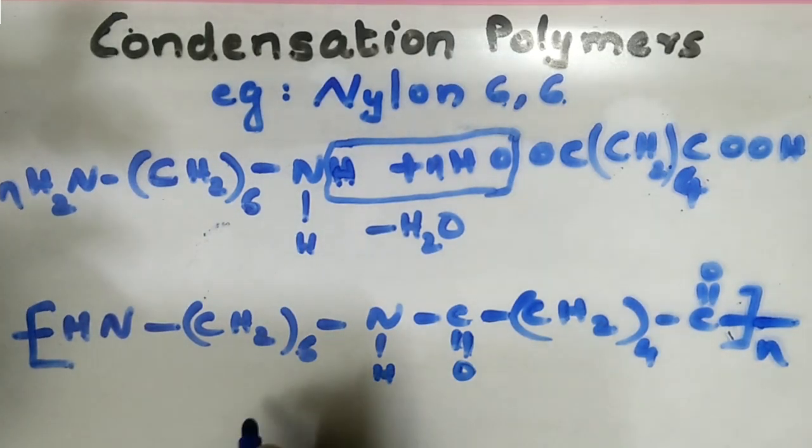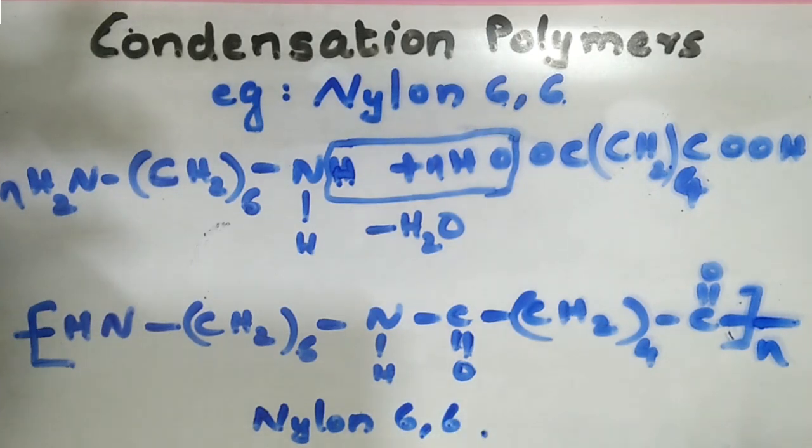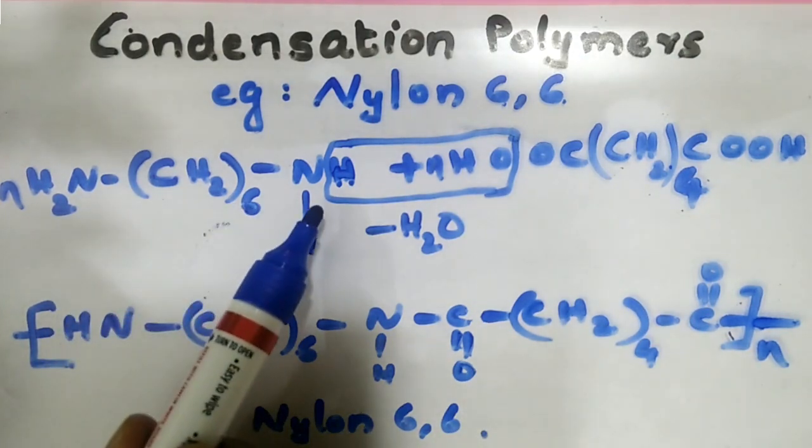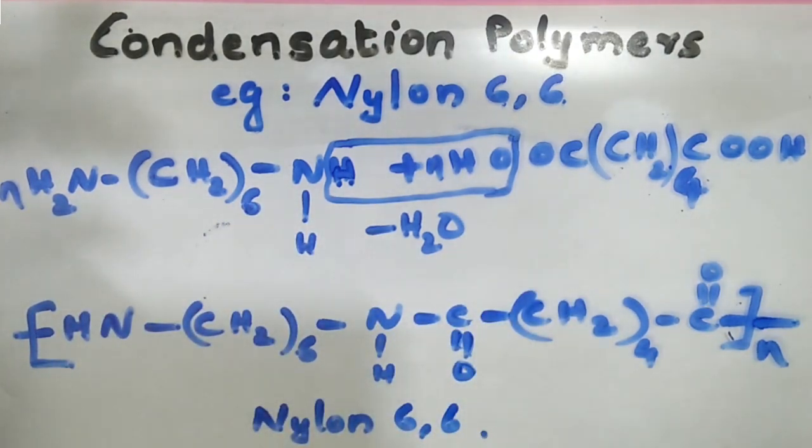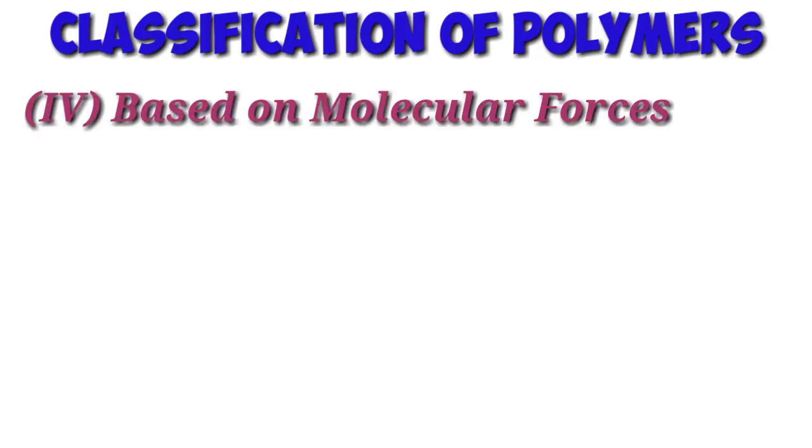This is nylon 6,6. 6 and 6 represent the number of carbon atoms in the monomer unit. Okay, clear now? Next one, classification based on molecular forces.